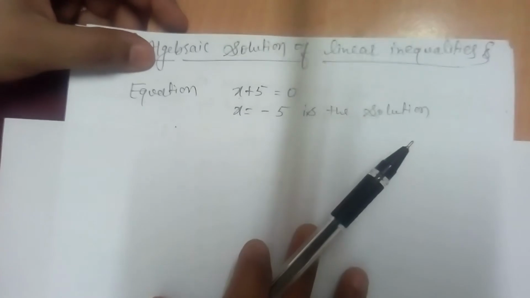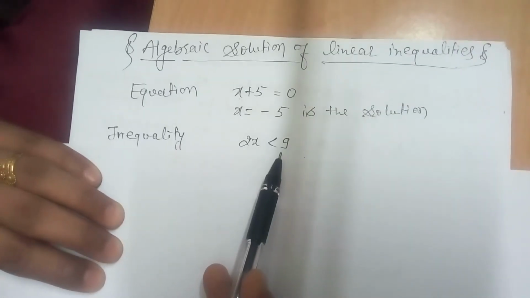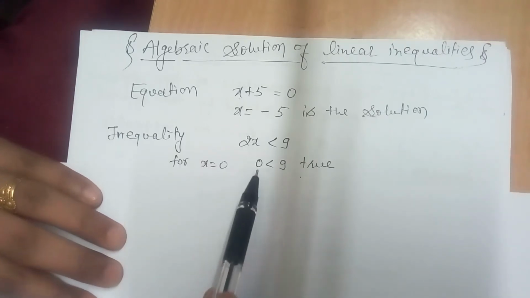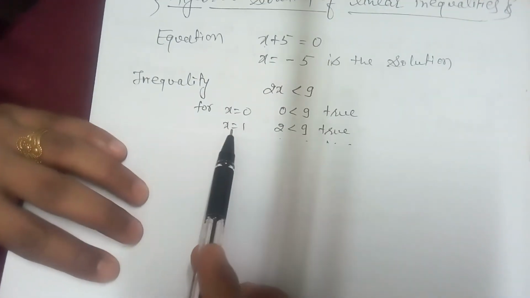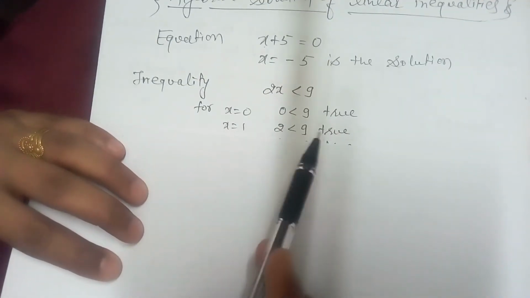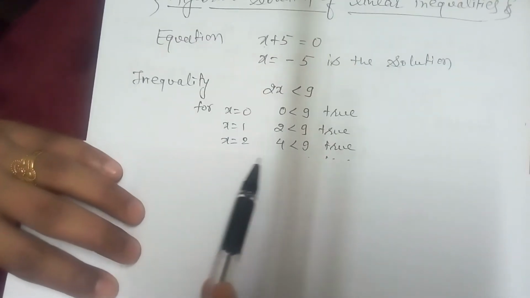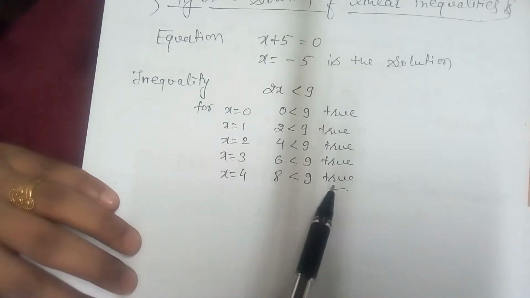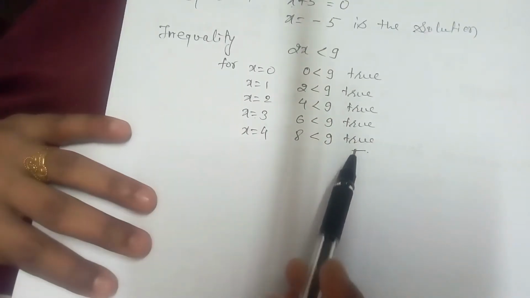Now consider this inequality: 2x is less than 9. When we put x equals 0, we get 0 less than 9, which is true. For x equals 1, 2 less than 9, which is also true. For x equals 2, 3, and 4, this inequality is true.